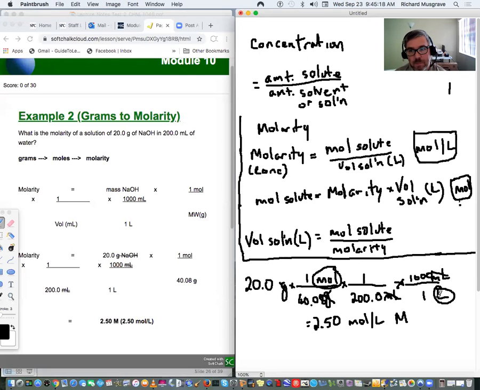Okay. So if I wanted to do it the way I'm suggesting, I would have to do the 200 and convert that into liters, and then I would put the liters to... Yeah, you would, but I really prefer to do it this way because it does end up giving you what you want for the units at the end. And what's more, it's foolproof. If you arrange it properly, there's no way you can ever get mixed up.